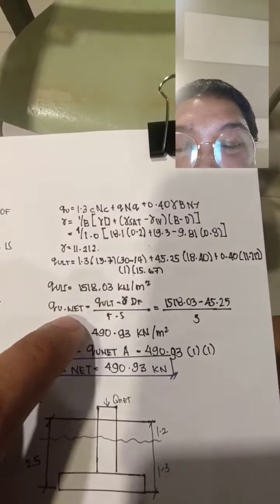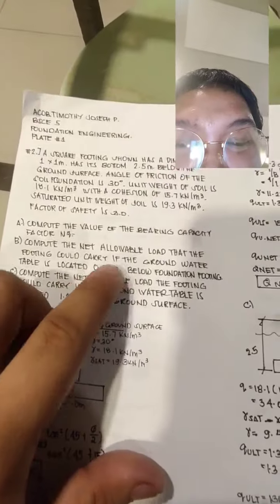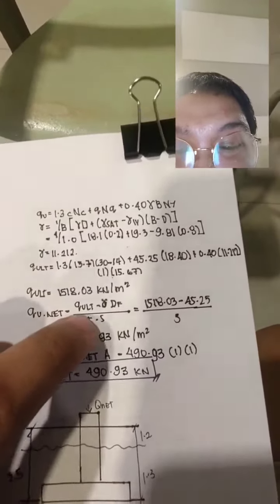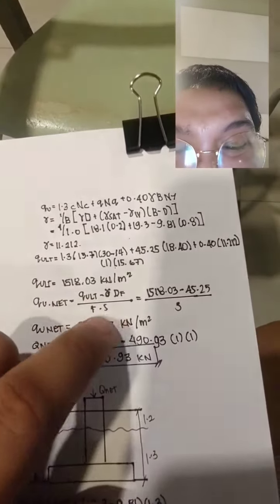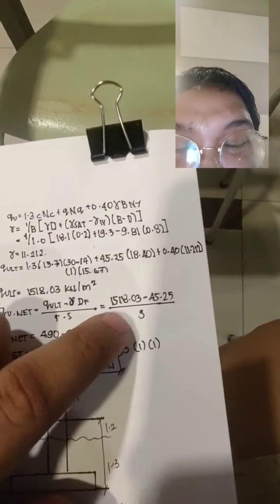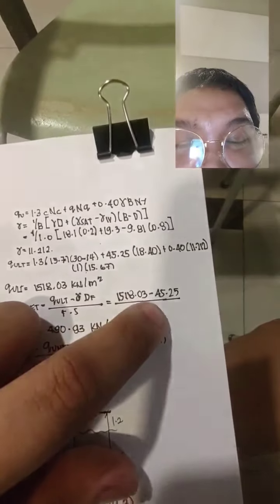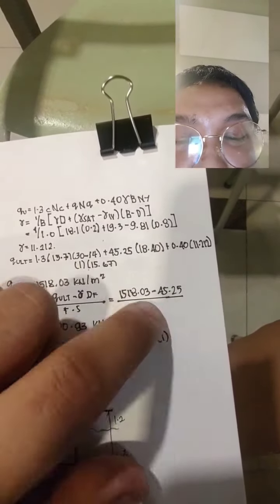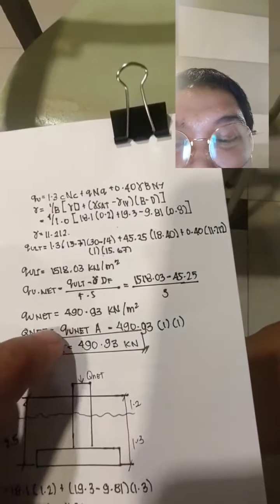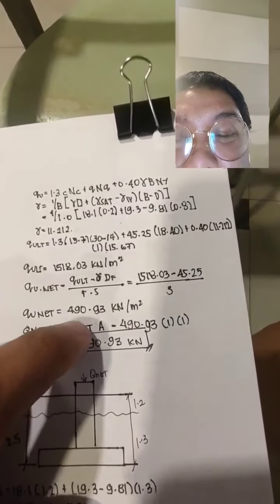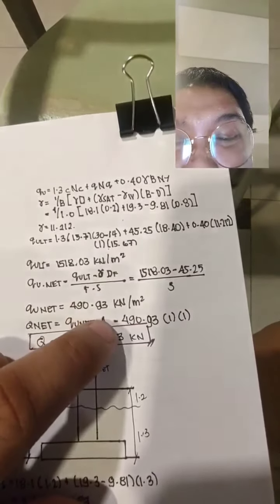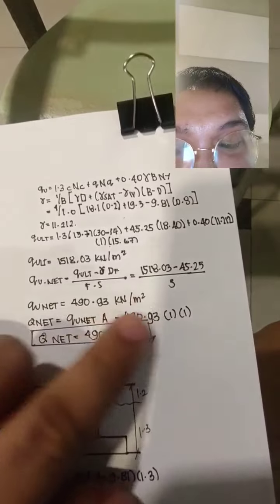So the q net, or the net allowable load, is equal to (q ultimate minus gamma Df) over FS, is equal to (1518.03 minus 45.25) over 3. So q net is equal to 490.93 kilonewton per meter squared.